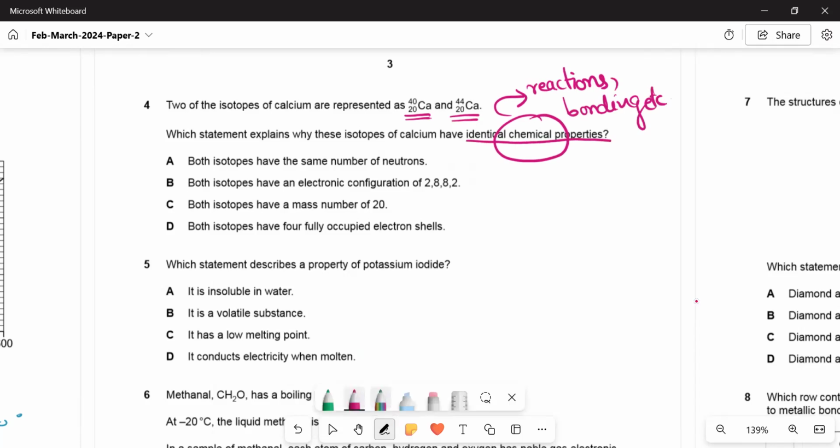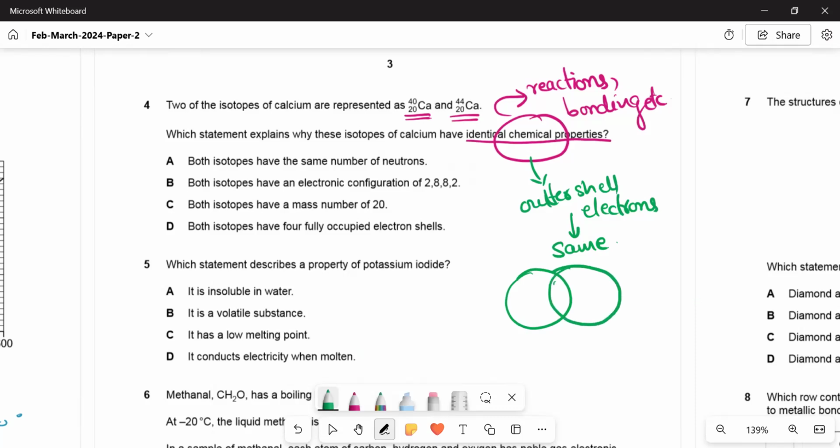The chemical properties greatly depend upon the number of outer shell electrons. So if the outer shell electrons are the same, the chemical properties of those atoms will also be the same. Because in covalent bonding, the outermost electrons are involved in the sharing.